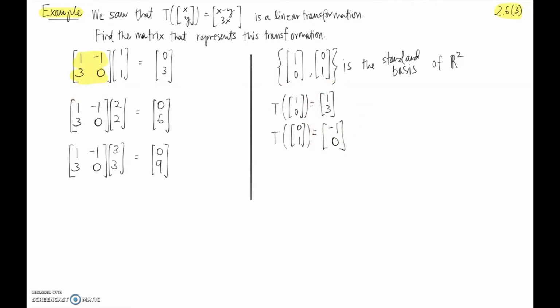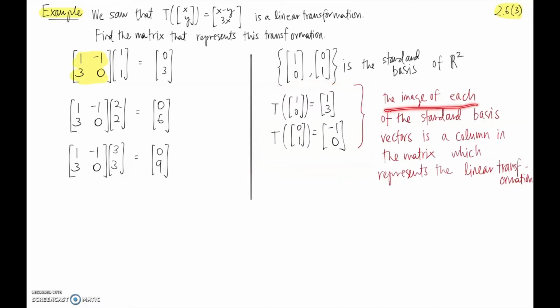So this is true always, that wherever the transformation takes the standard basis, those vectors are the columns that make up the matrix that represents the transformation. So this will give us a method for finding the matrix of any linear transformation.